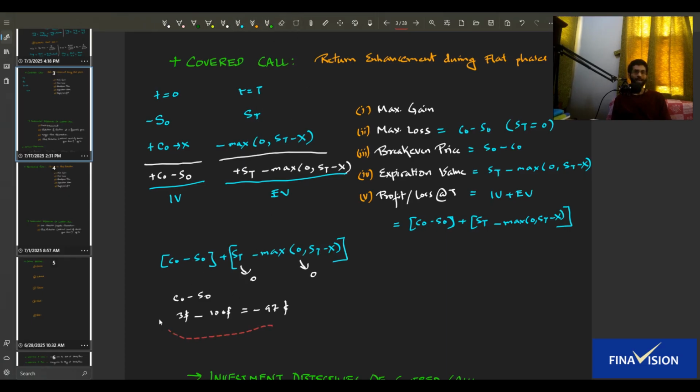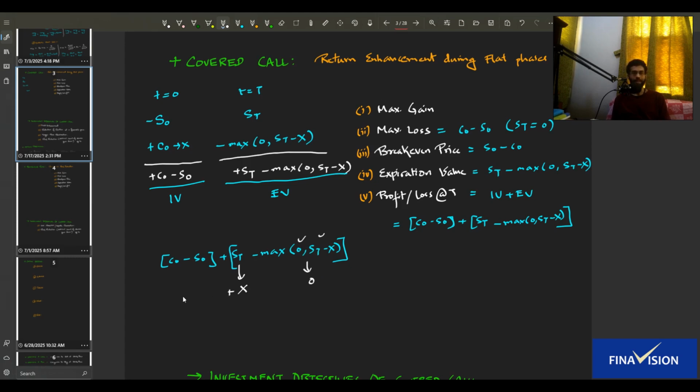Then what is the maximum gain? Let's understand that. So the maximum gain happens when the stock reaches exactly the strike price. At the expiry, the stock price reaches X. This means the option does not get exercised because it's max of 0 or 0, which means the option value remains 0. Only a plus X gets added to the cash flows.